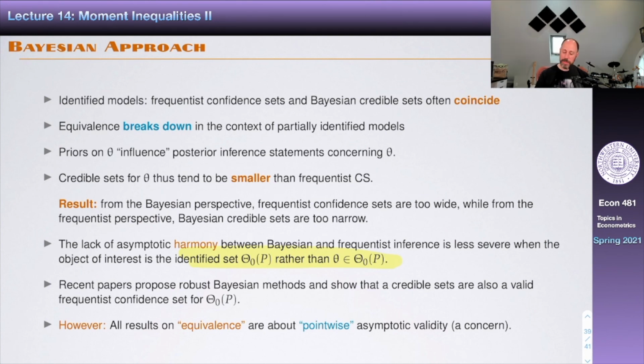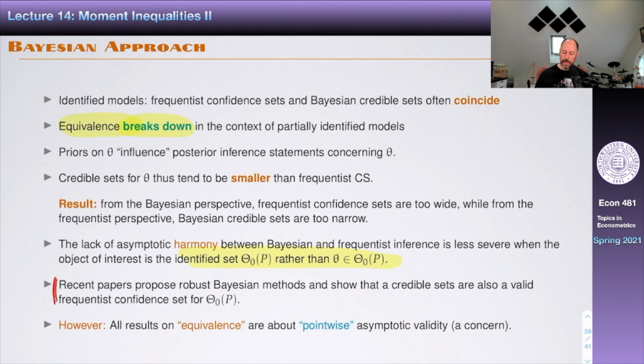These papers propose robust Bayesian methods and show that credible sets are also valid frequentist confidence sets for theta. They are trying to claim, look, we know that there's no equivalence between frequentists and Bayesians, but it can be recovered if we just care about inference for theta.